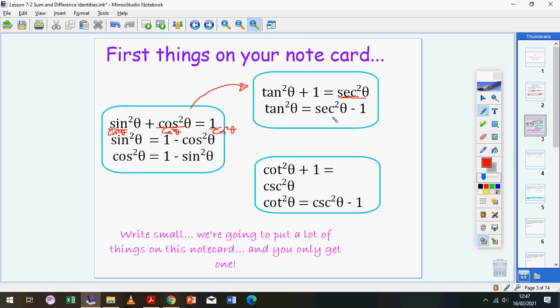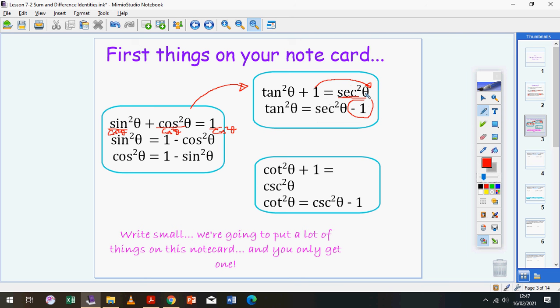So again, on this one, I can rearrange it how I want. If I take the 1 to the other side and the 1 turns into a negative, then the equation is tan squared theta is equal to secant squared theta minus 1.